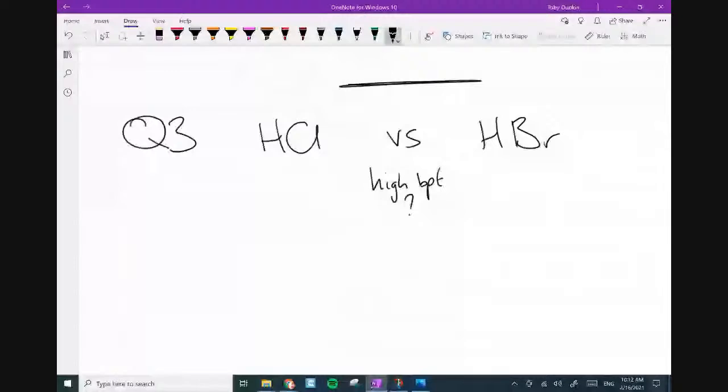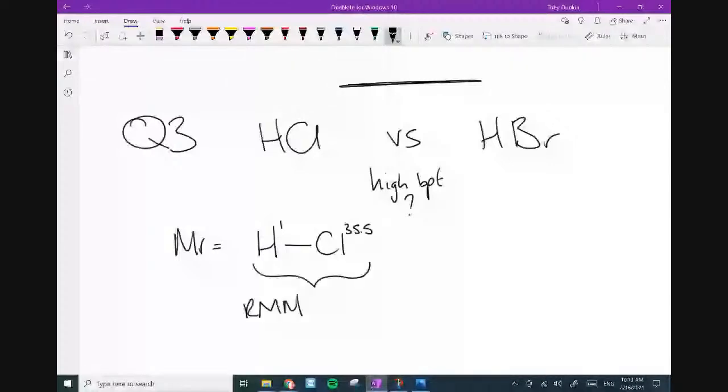So hydrogen is bonded to chlorine. Hydrogen has an atomic mass of 1. Chlorine has an atomic mass of 35.5. The Mr, the relative molecular mass, is equal to 36.5.